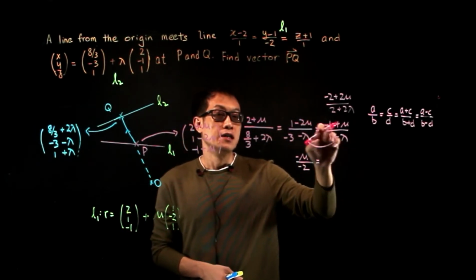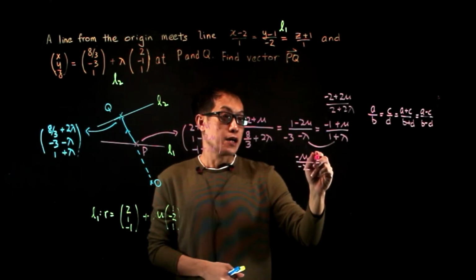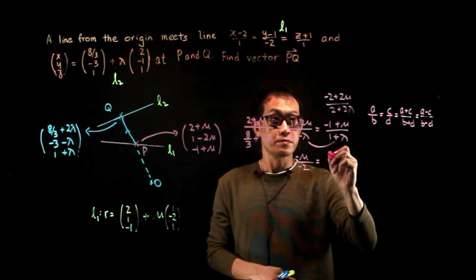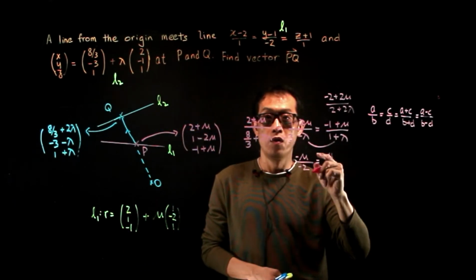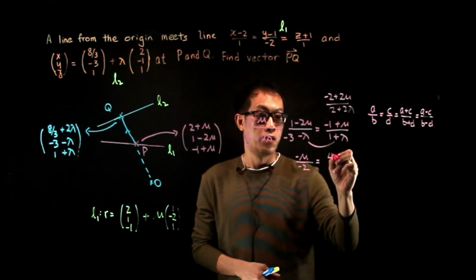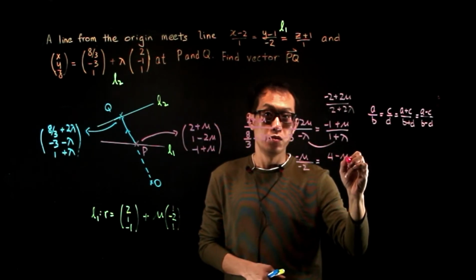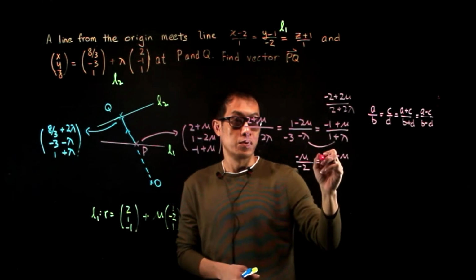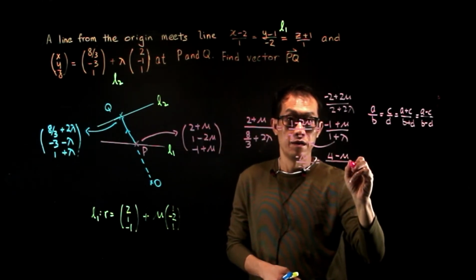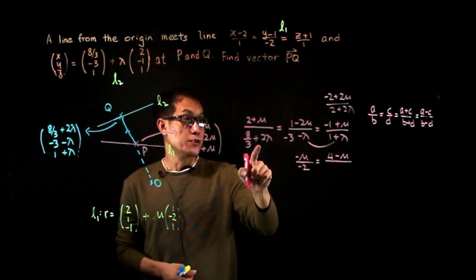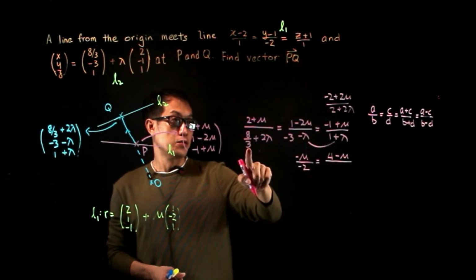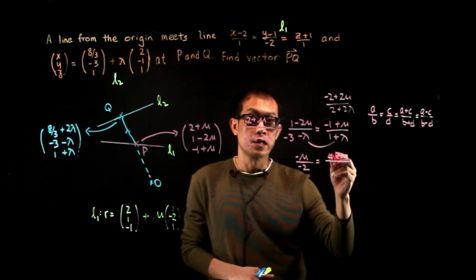So this minus this, I get 4 minus mu. Now I use this minus this, so I get 2/3 here.